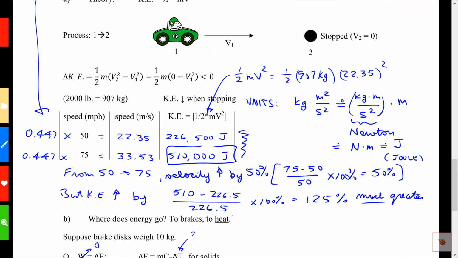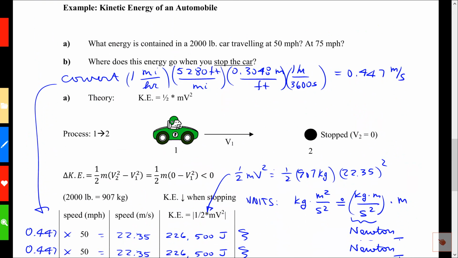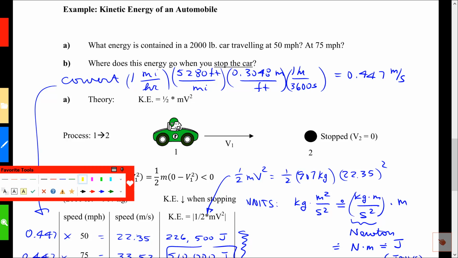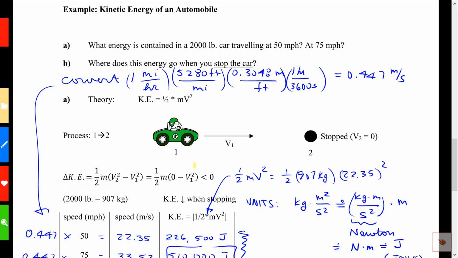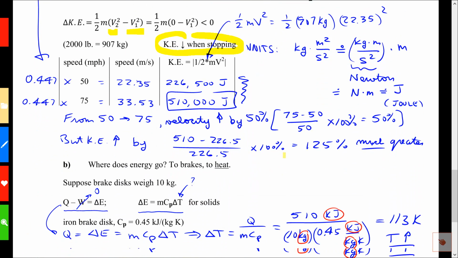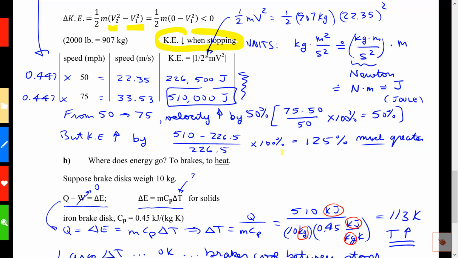All right, let's recap. Scrolling back up here, we're looking at the kinetic energy of an automobile, and we looked at a process from state 1 to state 2. When we computed that, we did final minus initial, so in this case the kinetic energy was negative for stopping. We found the kinetic energy for two speeds. We computed a change by dividing by the old value when we computed a percent change.